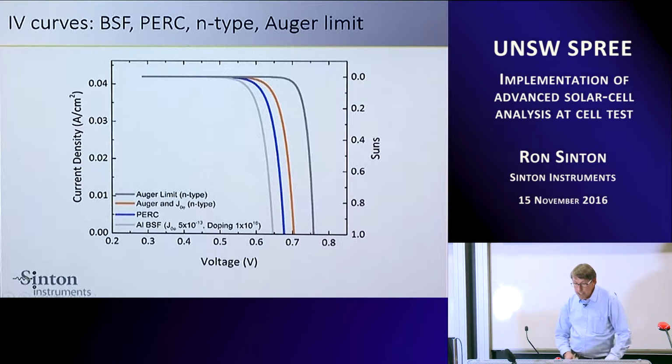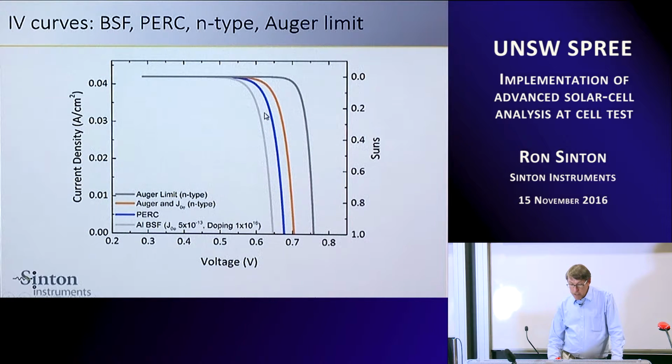But at the IV tester, you get IV curves. And I've shown 4 typical IV curves here that I'll come back to time and time again in this presentation. We have a typical aluminum back surface field cell, a PERC cell, an example of an N-type cell, and then we have the Auger limit here.